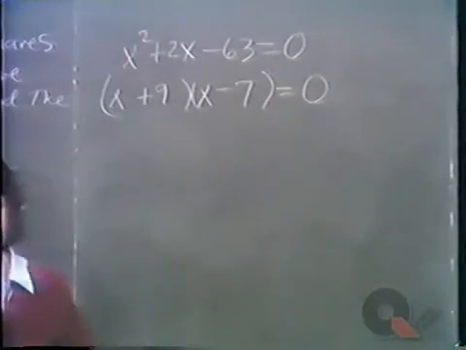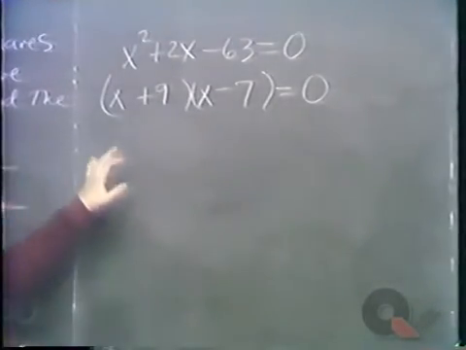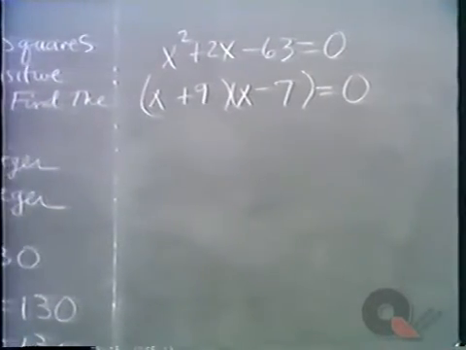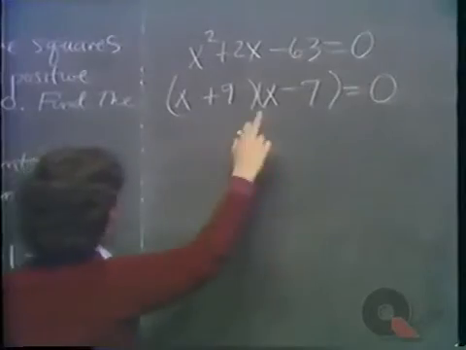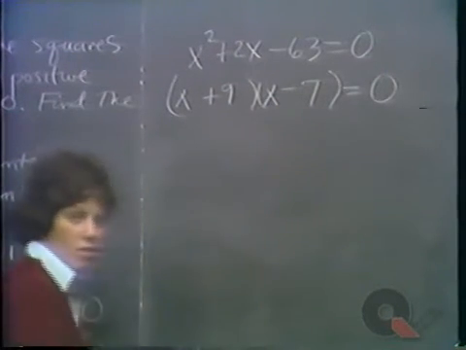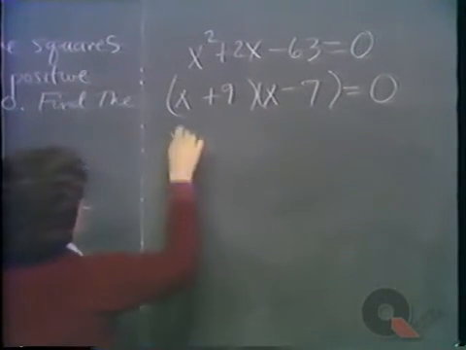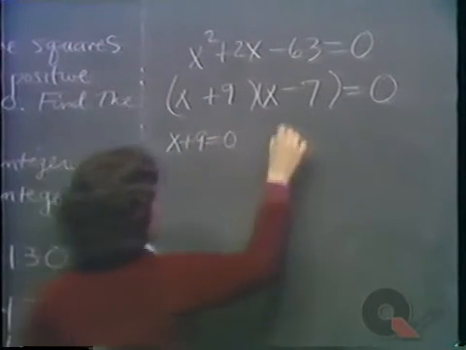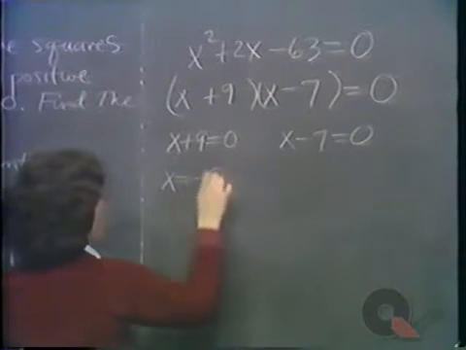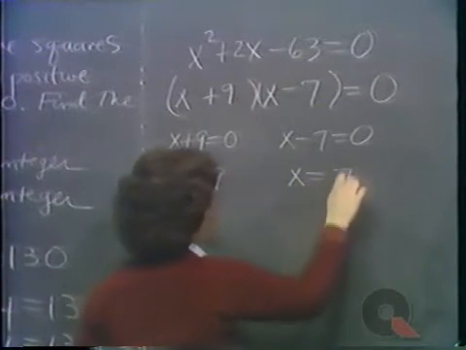If you're weak on factoring, of course, we have videotapes that you can look at, which will help you review your factoring. Okay, but here, checking by FOIL, x squared plus 9x minus 7x, that's plus 2x minus 63. So we have x plus 9 equals 0, x minus 7 equals 0, x equals minus 9, x equals 7.